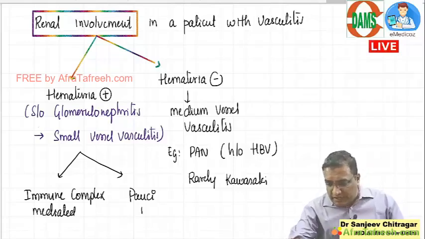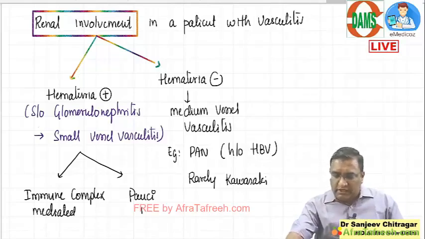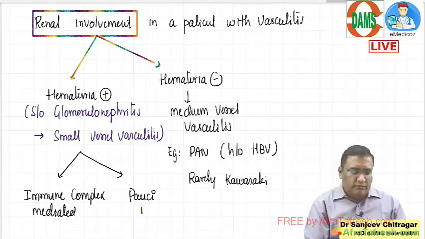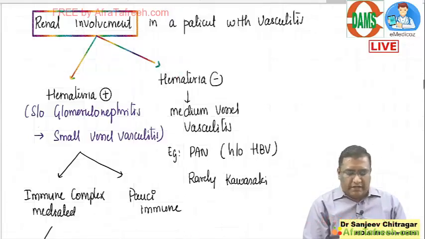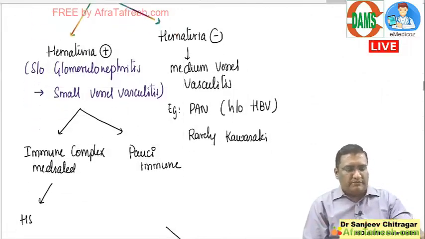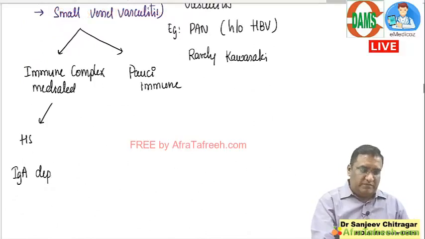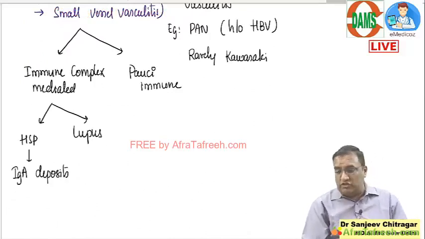Now if it is an immune complex mediated vasculitis, it could be multiple things like what? It could be HSP, one is HSP, or lupus. Both of them are immune complex: Henoch-Schonlein purpura, lupus.